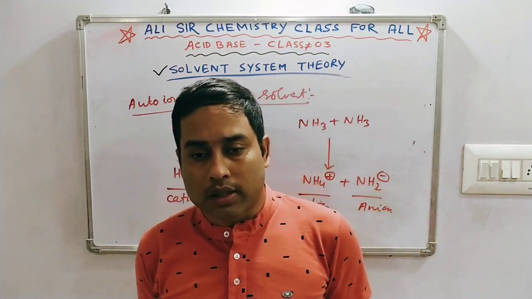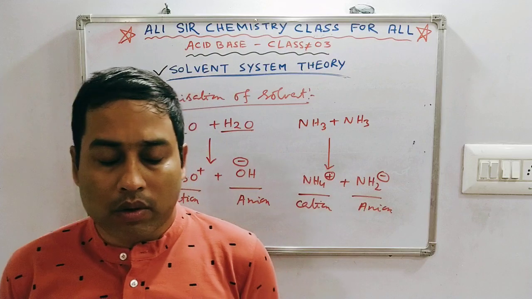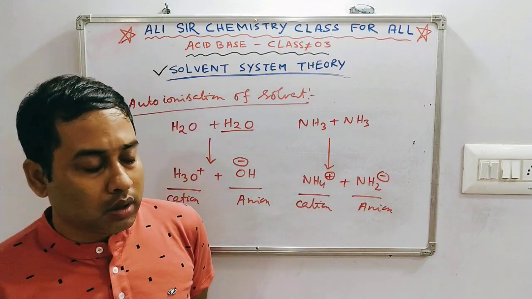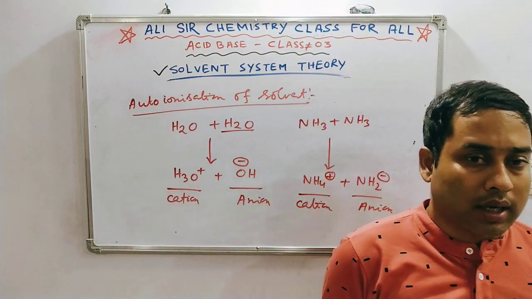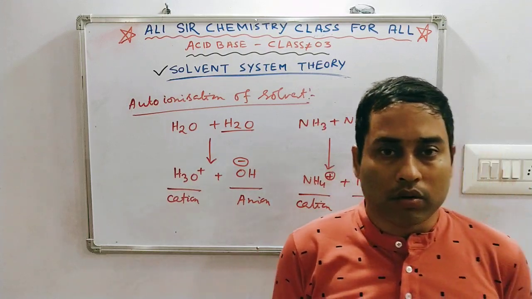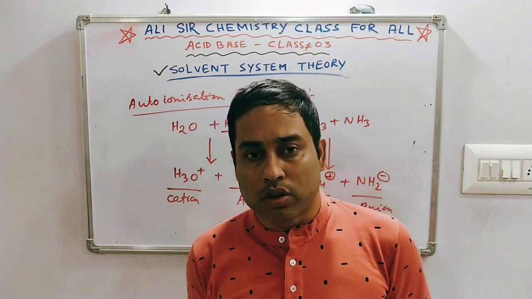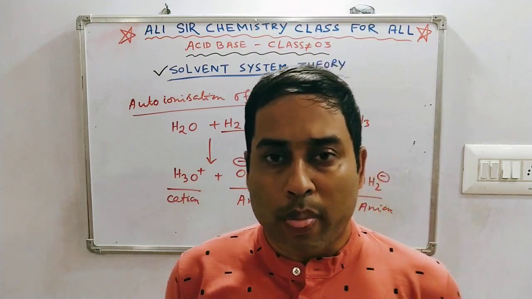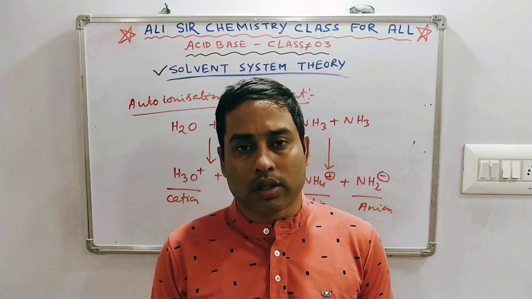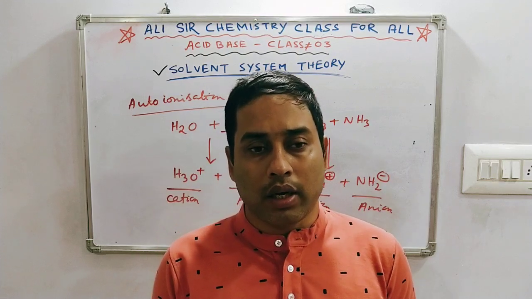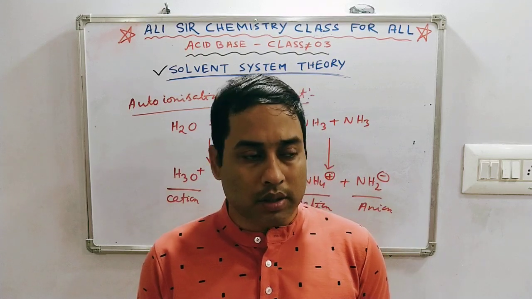In previous classes we have learned about the Lewis acid base concept. All of you know a Lewis acid is a substance which can accept an electron pair, and a Lewis base is a substance which can donate an electron pair. So a cation always acts as a Lewis acid and an anion acts as a Lewis base.